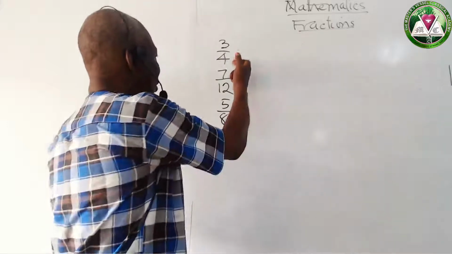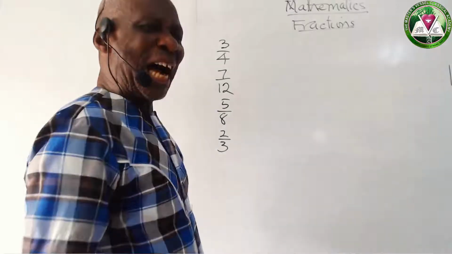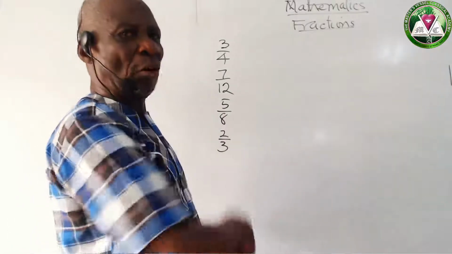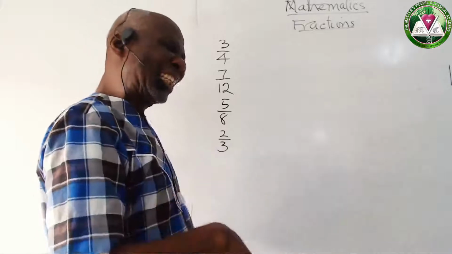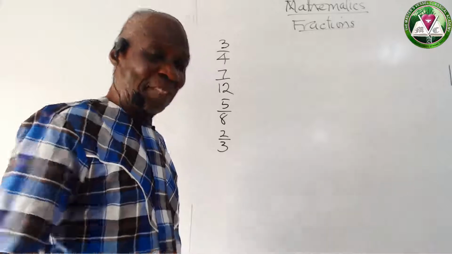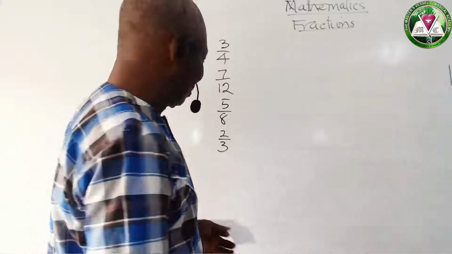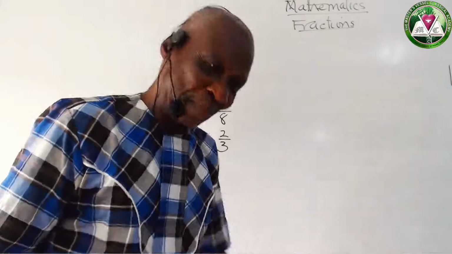The first one, the denominator is 4. Second one, 12. The other one, 8. The other one, 3. How do we get that particular denominator? That is what we call the least common denominator here. But in our general mathematics, we call it the least common multiple.